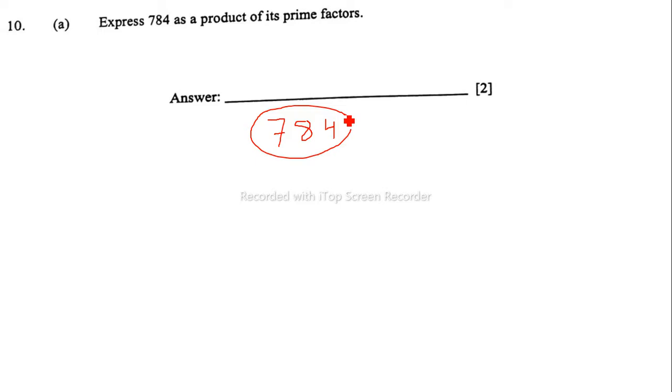So if we break it apart, it's going to be equal to 8 times 98. Let's break this down further. Mr. Matilda, how are we supposed to know that 8 times 98 is that?